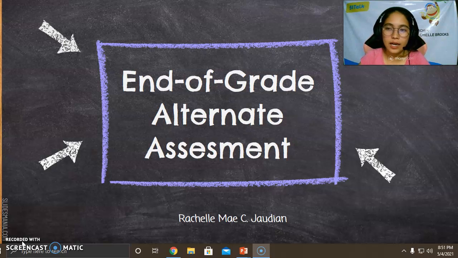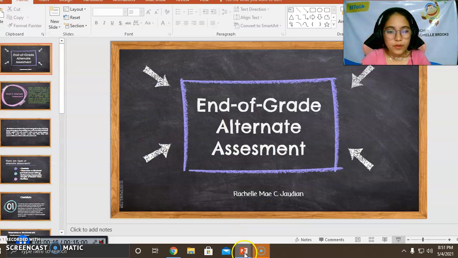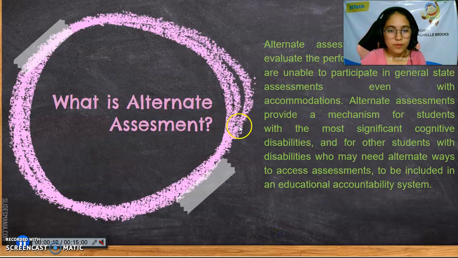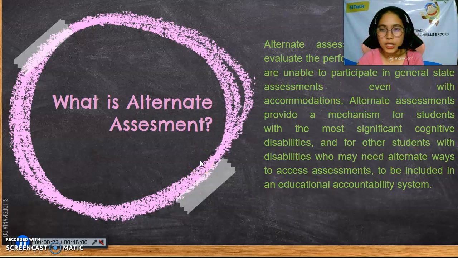Today I'm going to talk about the end of grade alternate assessment. So what is alternate assessment? Alternate assessments are used to evaluate the performance of students who are unable to participate in general state assessments even with accommodations.